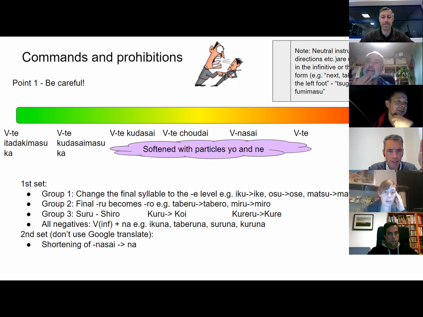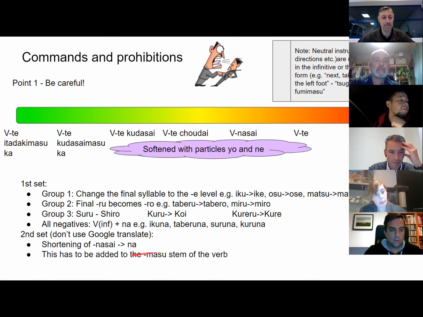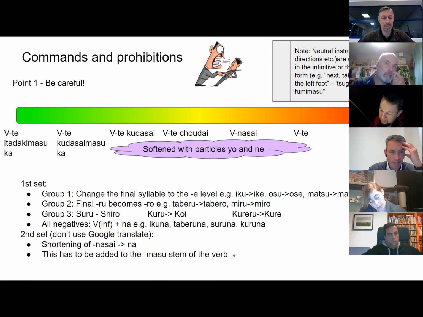Kelly, eat would be tabena. Joel, do it. Shina. Yeah, exactly. So we just add this to the masu stem of the verb and we get another affirmative command.